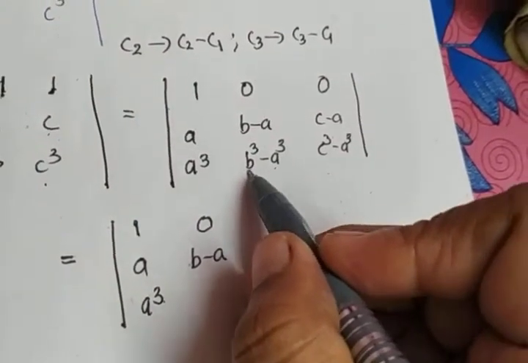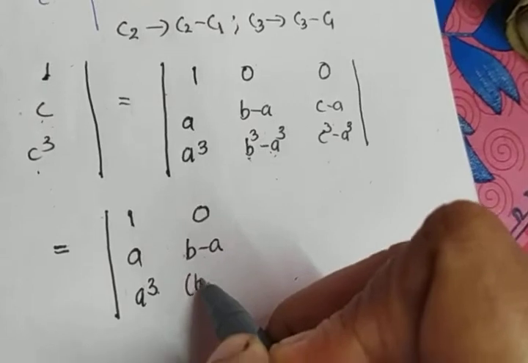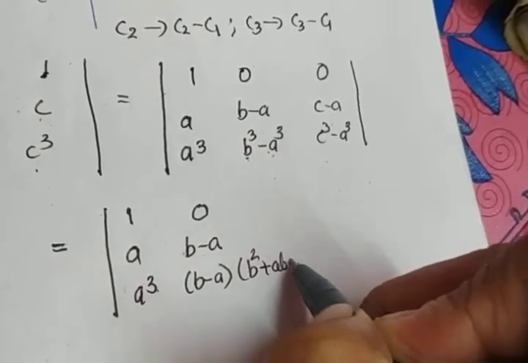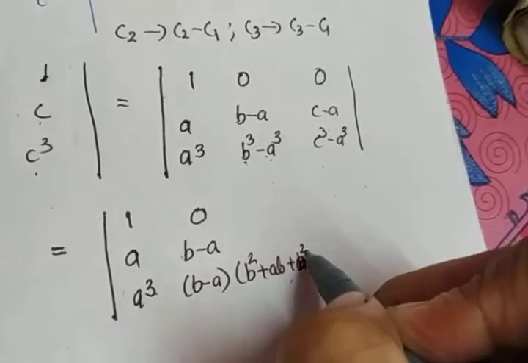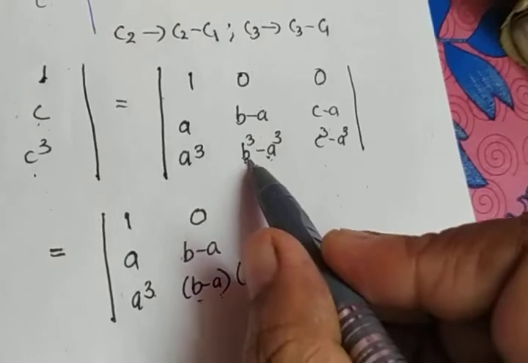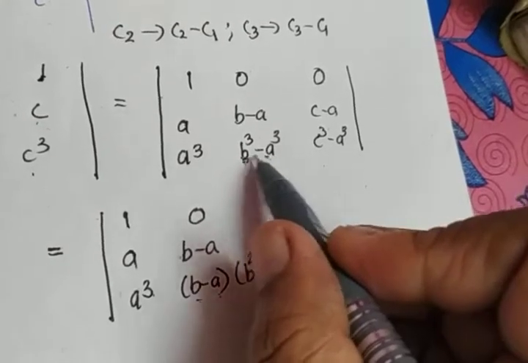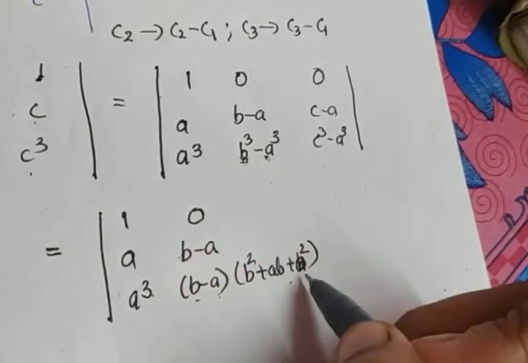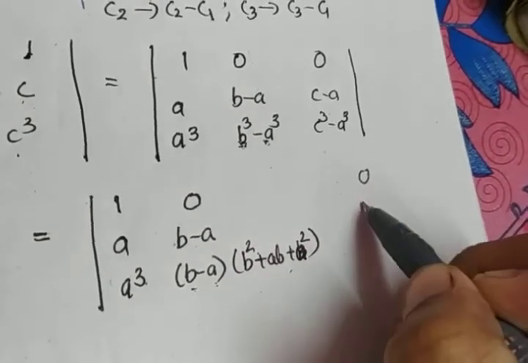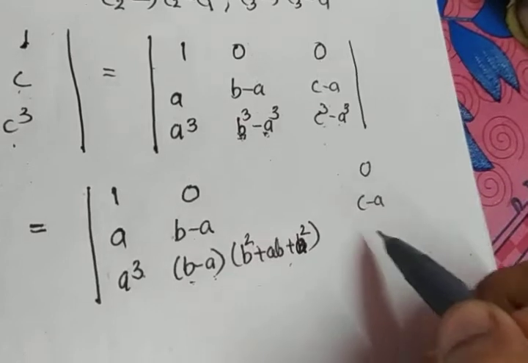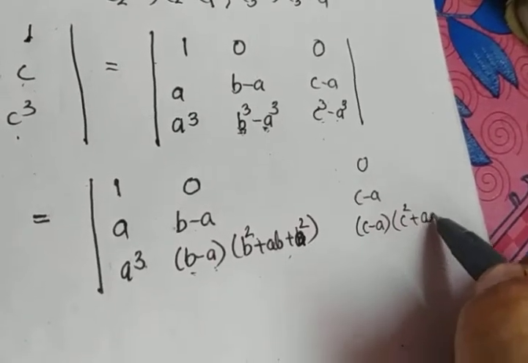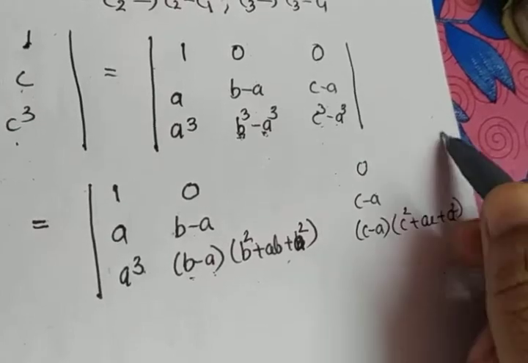So we factorize it as (b minus a)(b square plus ab plus a square): the first term minus the second term, then the square of the first term, plus the product of these two terms, plus the square of the last term. Same way, third column 0, c minus a, and instead of c cube minus a cube, factorize as (c minus a)(c square plus ac plus a square).